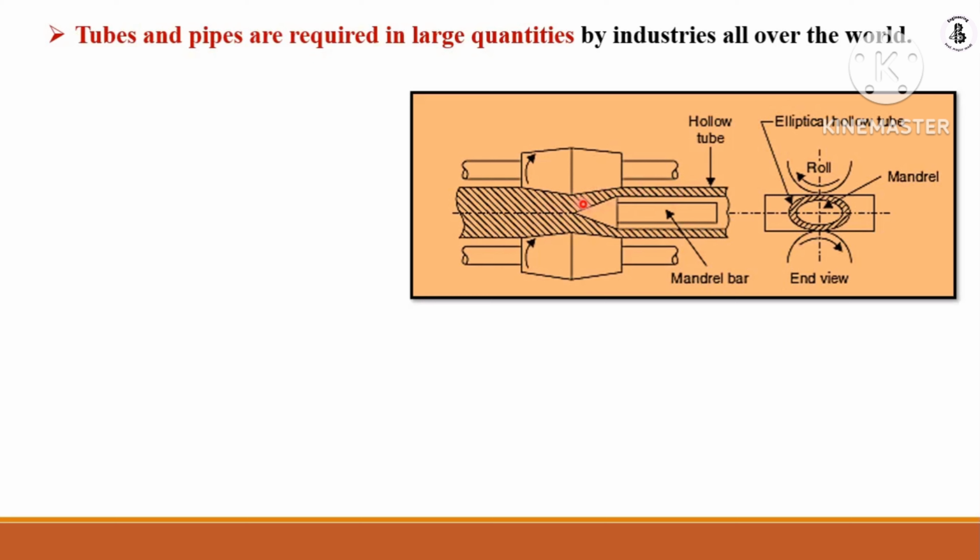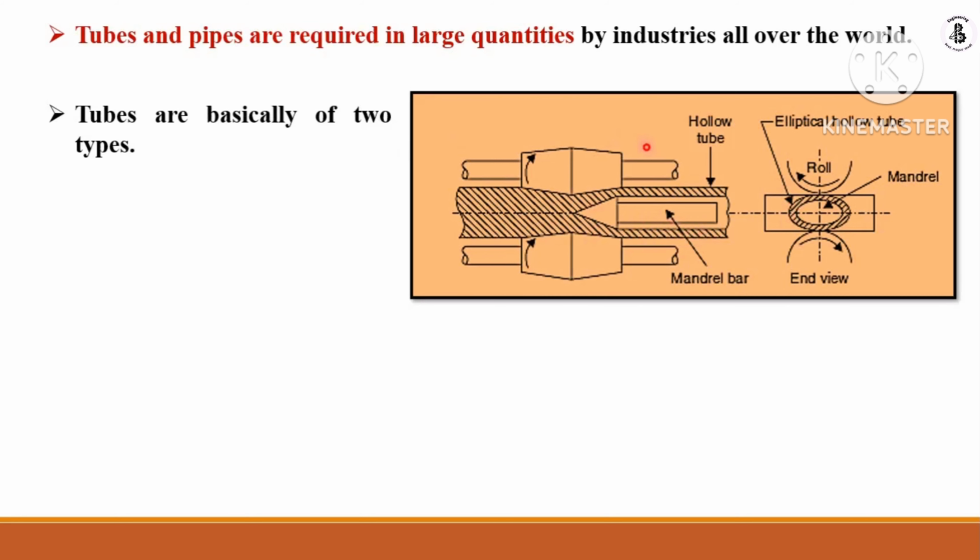This hollow tube is manufactured with the help of this mandrel bar and these two rotating dies. Just you can see, with the help of these two elliptical hollow tubes, finally from the right side the tubes are made.